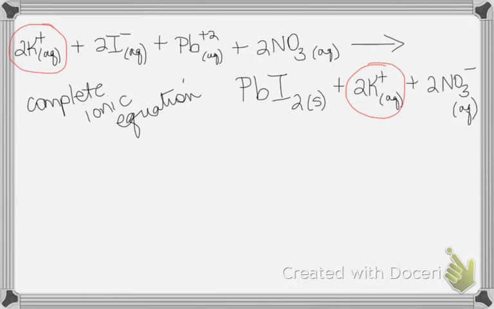Do you see any other stuff that's the same on both sides of the equation? There's 2 nitrate ions aqueous and 2 nitrate ions aqueous. And that's it. That's the only things that we see on both sides of the equation. Agree with me? So what are those things called? Those things that I've circled in red are called spectator ions.